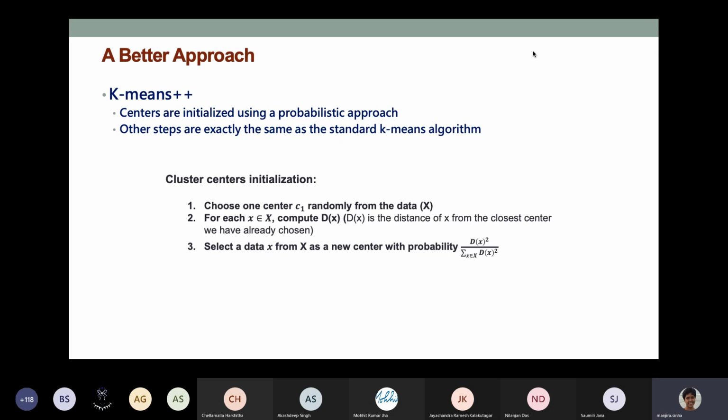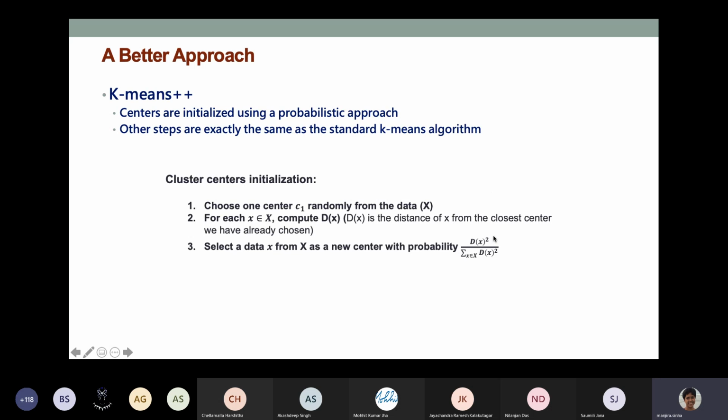So, now we select the new center with a probability. Say our data point x has a probability of becoming a new center based on this, that is D(x) squared. Again, square because distance is defined in terms of a square root in Euclidean space, so the square removes the square root.